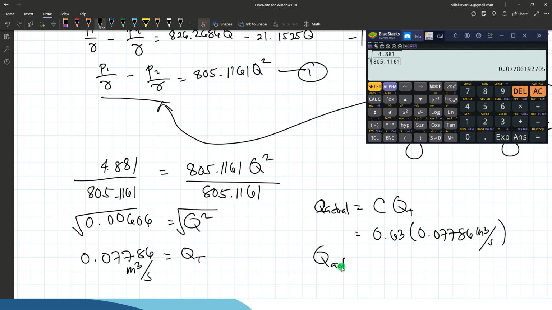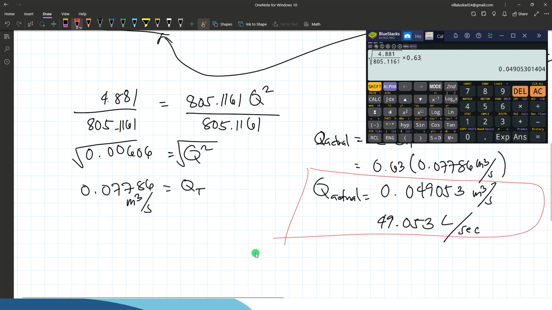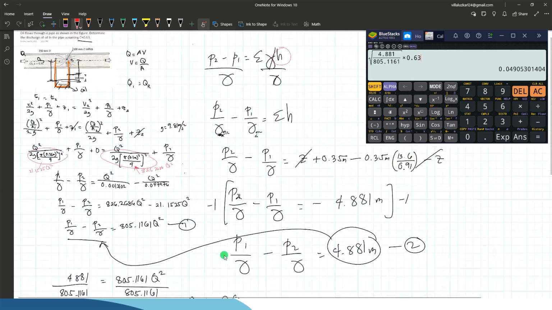The actual discharge in the pipe is 0.049053 cubic meters per second, or in liters per second, just multiply by 1000. We have 49.053 liters per second. So this is the answer for this problem.